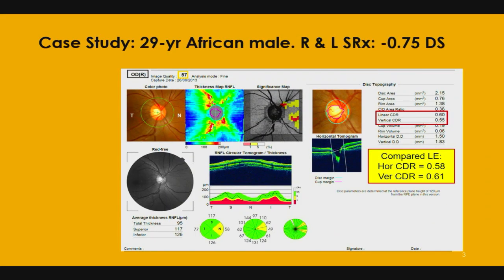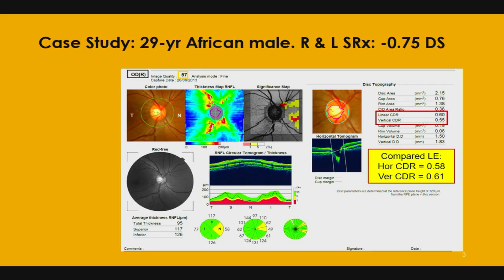Okay, for those of you who are clinical, I'm sure you've come across this. This is an OCT, a scan of the back of the eye, the retina. You have a 29-year-old male. The prescription is minus 0.75, so if you are thinking high myopia, forget it. The patient comes with this kind of cupping.